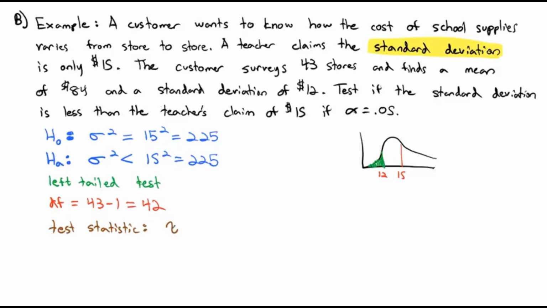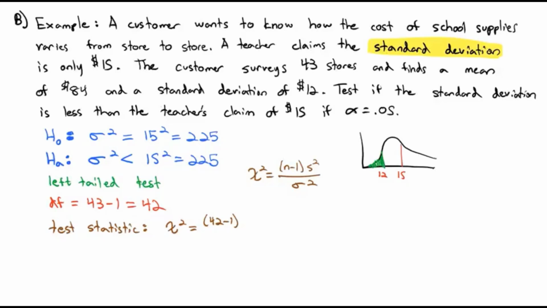The test statistic is chi-squared equals n minus 1 times s squared divided by sigma squared. S is the standard deviation of the sample.